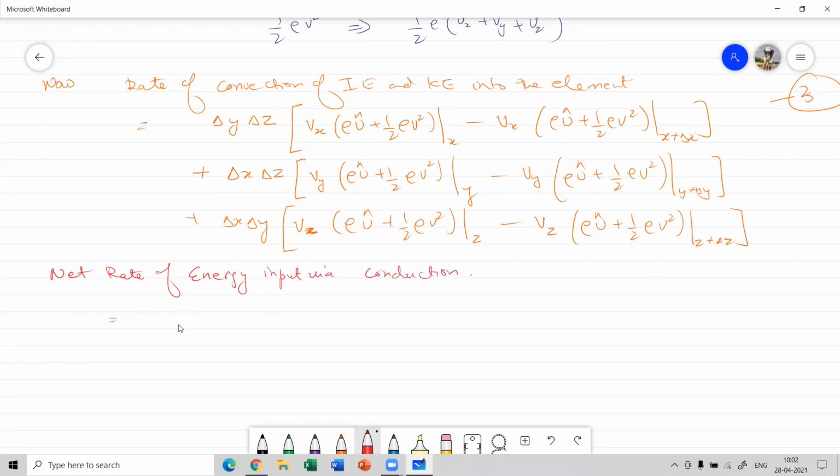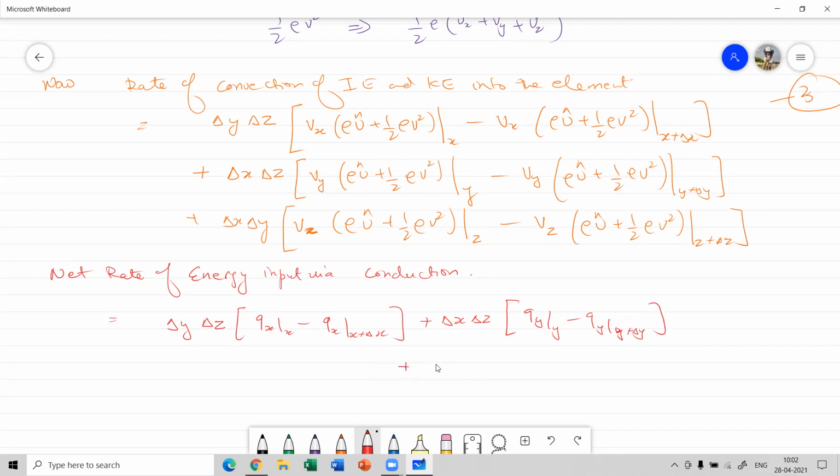Via conduction, it will again be in all three phases. First in the x direction, so delta y into delta z into qx at x minus qx at x plus delta x. In the y direction, it will be delta x into delta z into qy at y minus qy at y plus delta y.